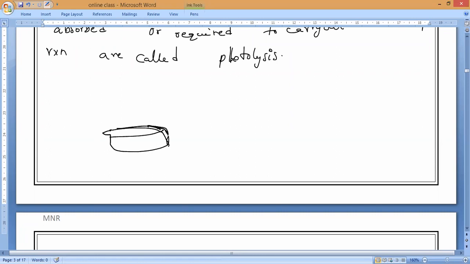Yes. So now in the China dish, you can take silver chloride. What is this, guys? Silver chloride. Silver chloride formula: AgCl, which is in solid state. Which state? Solid state. Clear?